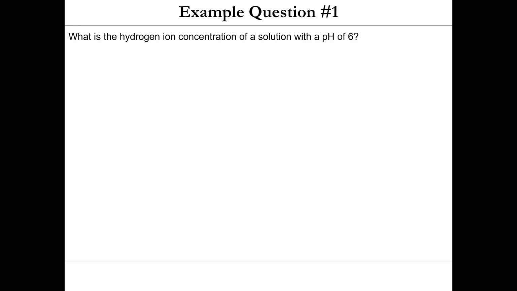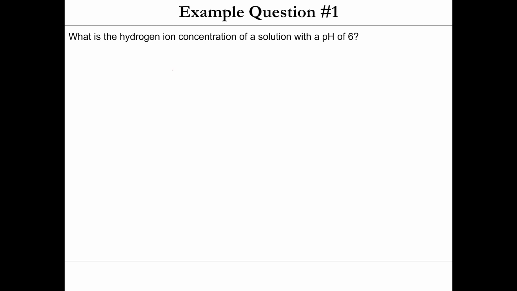So now we can actually already move into some of the example questions that you're going to need to know to do the exam. One of the questions I can ask you is, what is the hydrogen ion concentration or proton concentration of a solution with pH 6? So we already know how to answer that problem.